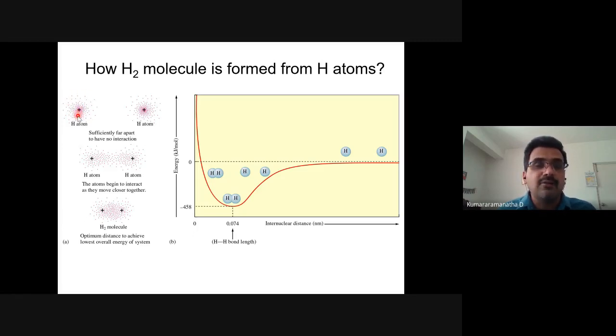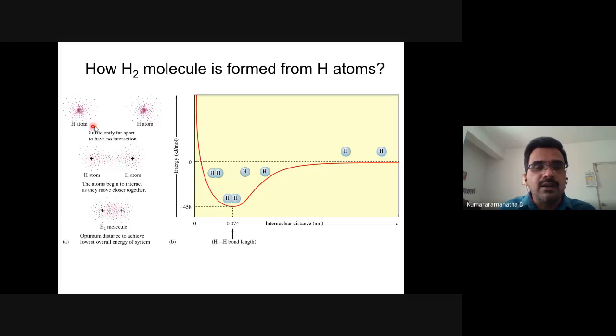So this is a hydrogen atom, one proton, the nucleus and electron density. Two hydrogen atoms are coming together. Once they start, they are very far away, at infinite distance, let's say, so there is no interaction.